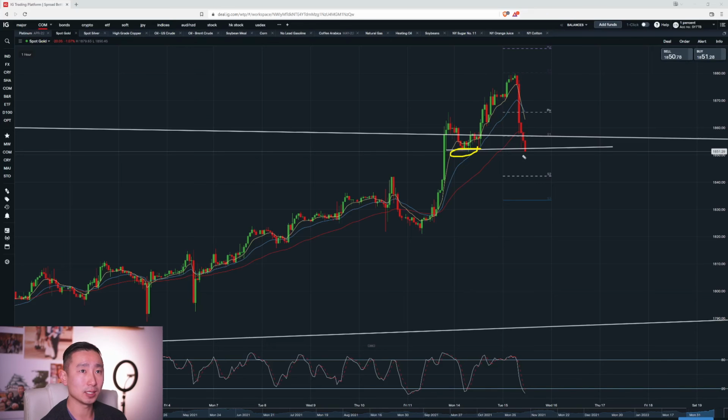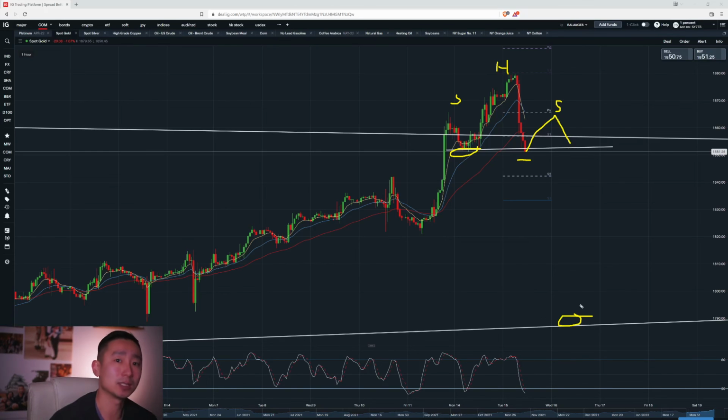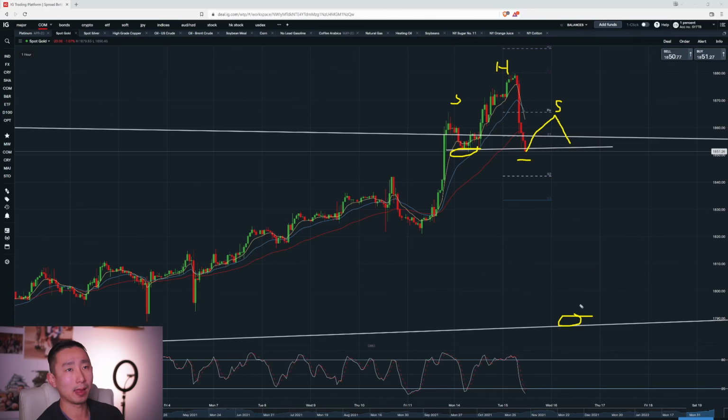If I see price come back up here and form a head and shoulder formation, then I can set a breakout order, stop loss here, and then target back to this 1790 area.